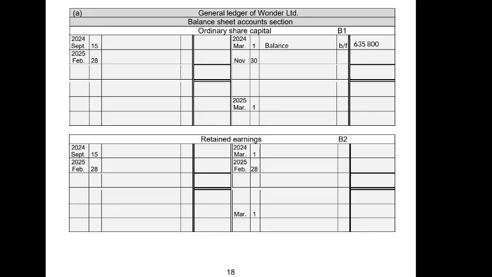So on the debit side, we will write bank. We will go to the cash payments journal to make the payment. And the amount is 125,800.